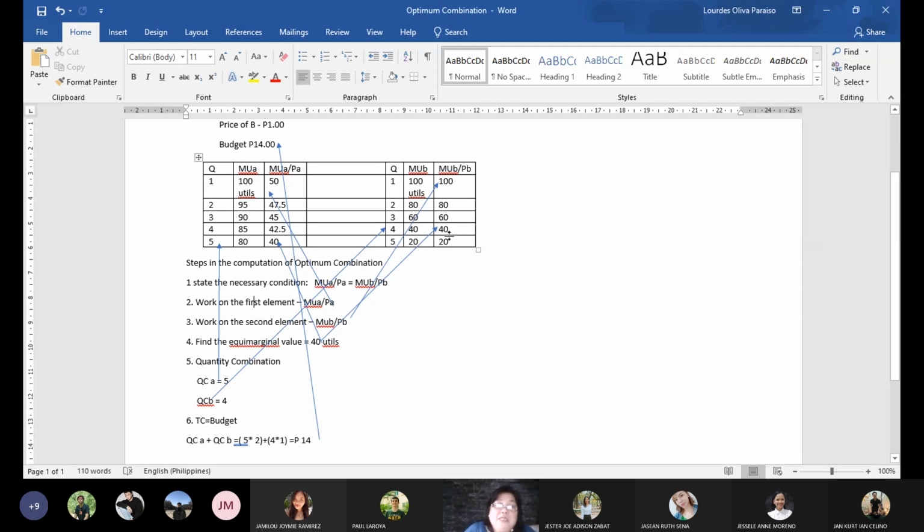Okay, yung equimarginal value kasi, ito yung common that gives the same level of satisfaction for both your good A and good B. Right? Now, my question is, how many units are you able to buy if your equimarginal value is 40? How many units of good B? 4.